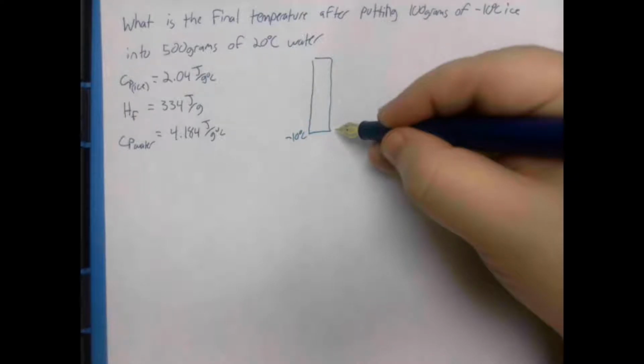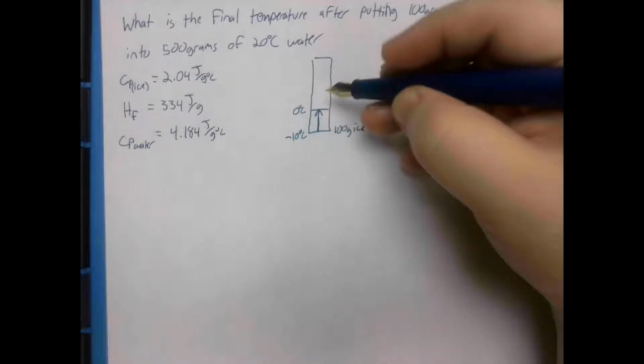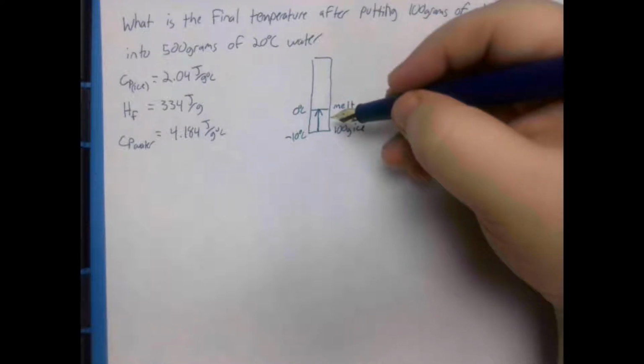It's going to heat up first to the melting point, 0 degrees Celsius. And then it's going to melt. And I predict that when I put ice into water, the water doesn't freeze. It is possible.